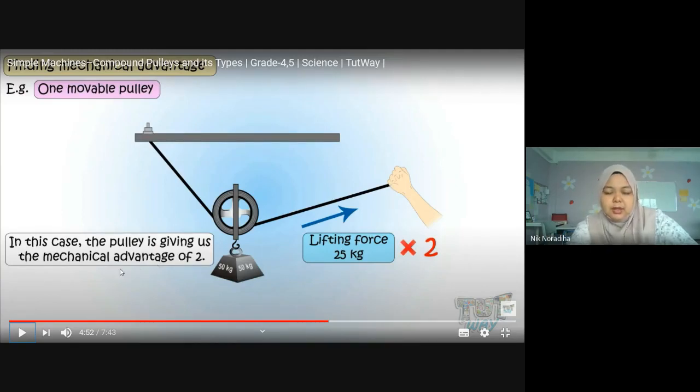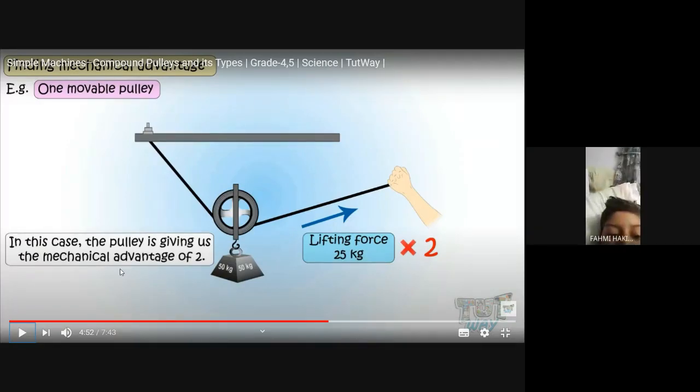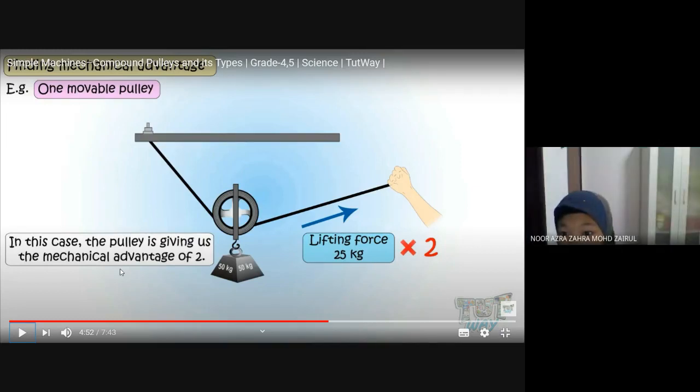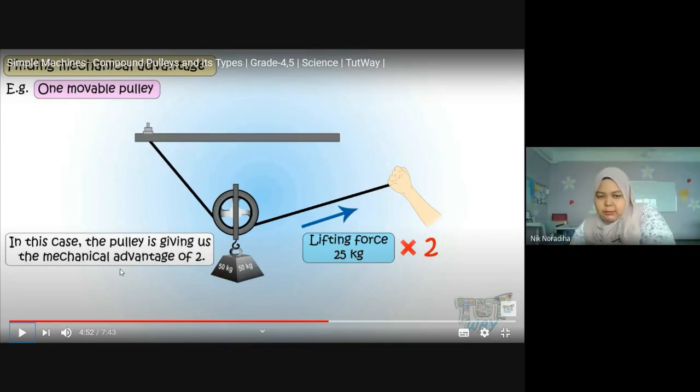Advantage. Okay, just now Fahmi was using the chatbot. Fahmi, turn on the microphone. Fahmi, now. Fahmi? Can you give teacher the meaning of advantage?